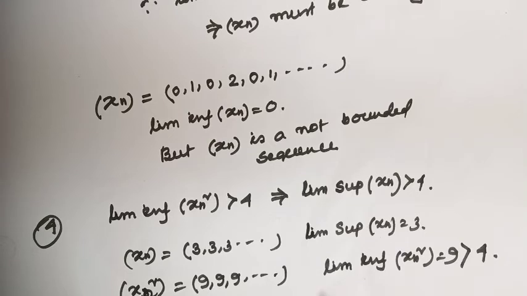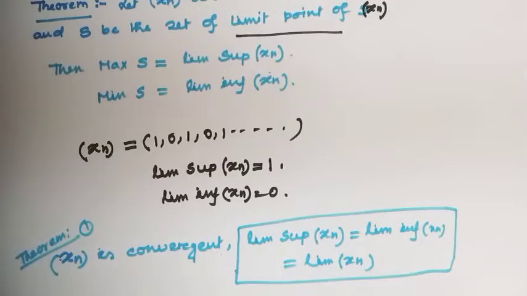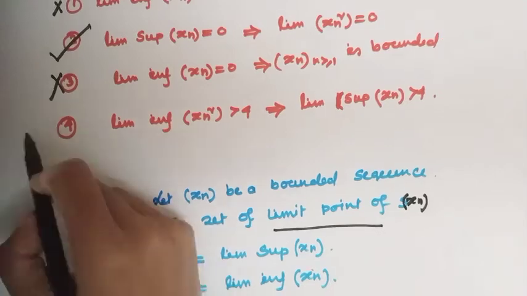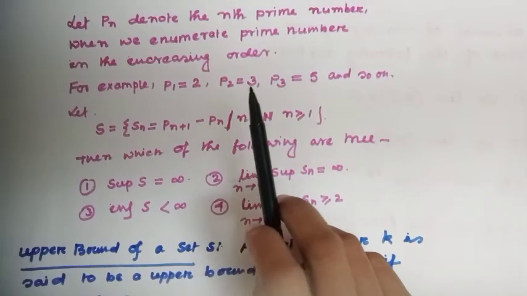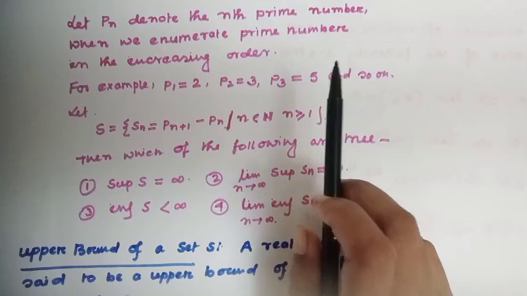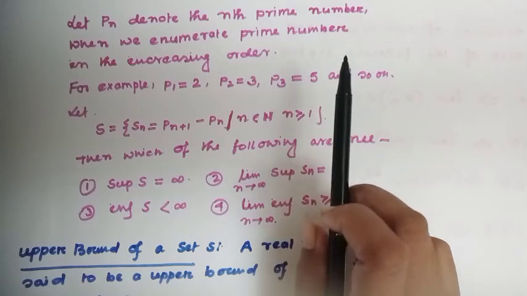Look, limit inferior of xn square is greater than 4, but limit superior of xn equals 3. So option 4 is also a wrong option. Okay, let's see another question of CSIR NET about limit superior and inferior.